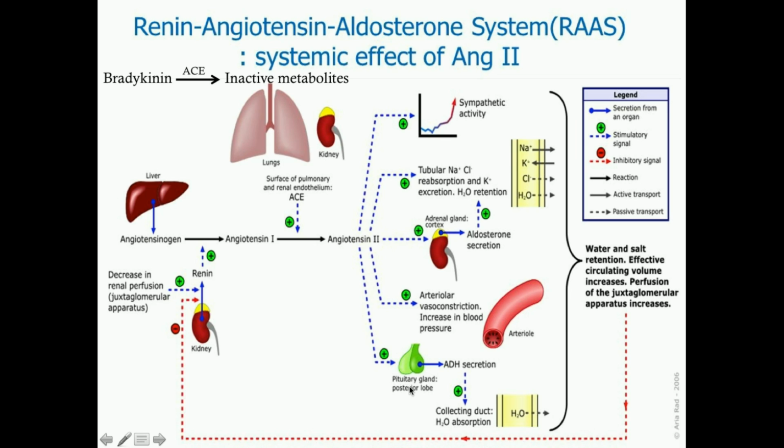And then one more thing that it does is works on the pituitary gland, and that promotes the release of ADH, which also is going to help you hold on to more water. But this is the most important thing that it does here. Angiotensin 2 causes the release of aldosterone, and it also directly stimulates tubular sodium reabsorption and water retention at the expense of potassium.